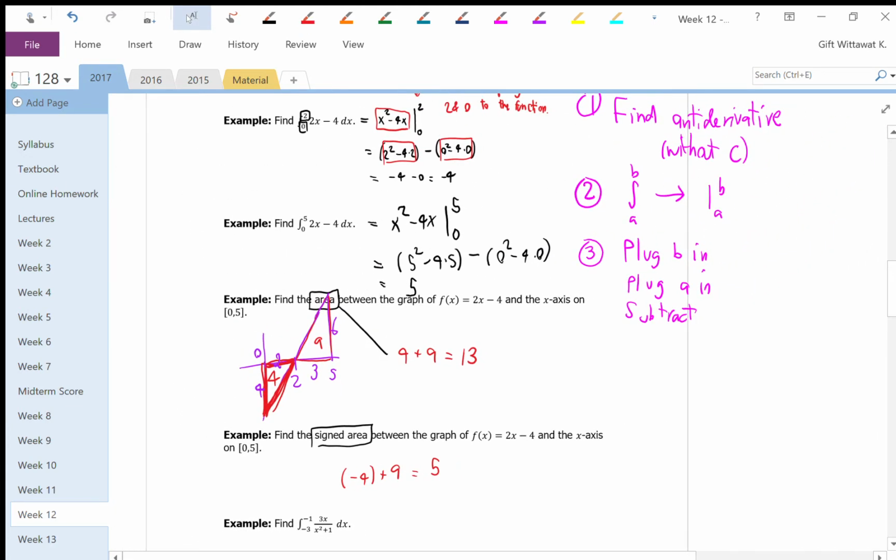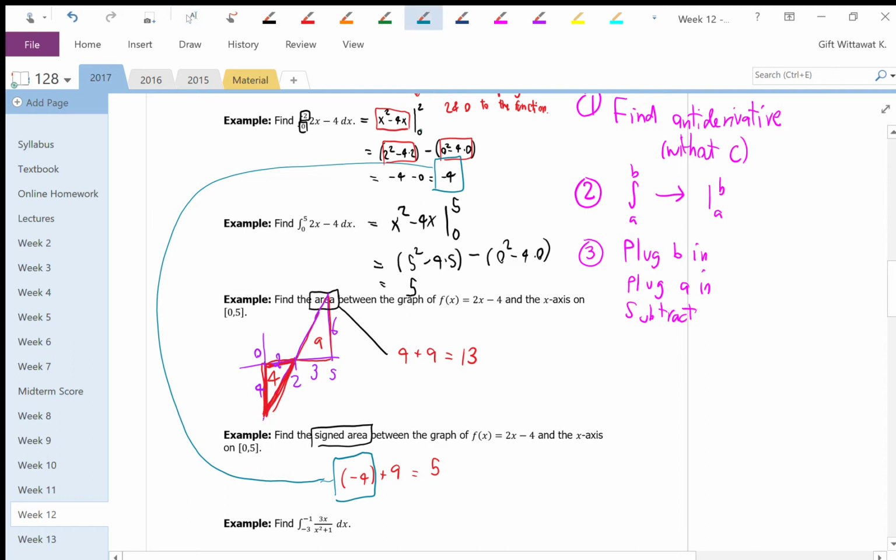So let's see how this corresponds to my answer earlier. When I compute the integral from 0 to 2, I get negative 4. So that negative 4 is the same as that little negative 4 that I have there. That's the signed area, so that's why it's negative.